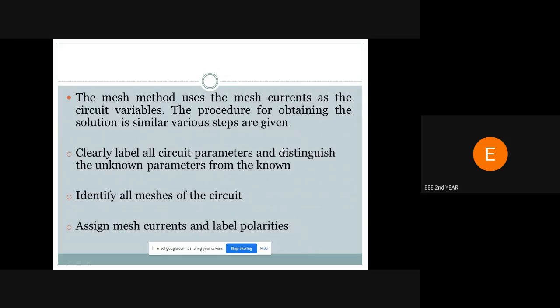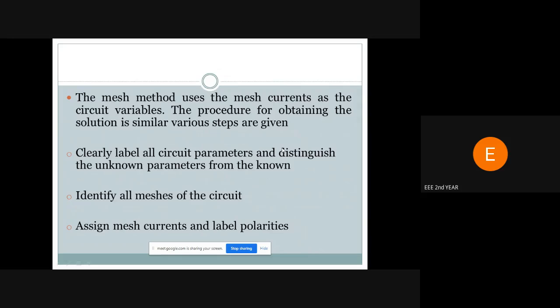We have to label the resistance values, voltage sources, and current sources, whatever type of source is given. We clearly label each and every parameter, draw the circuit, and distinguish which one is the unknown parameter. Then, after drawing the circuit, you have to identify all the meshes of the circuit, that is, which is a mesh and which is a loop.